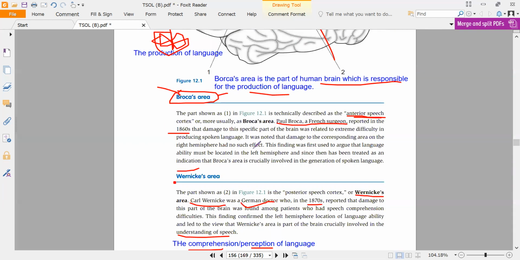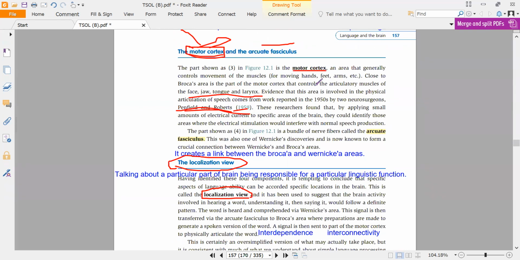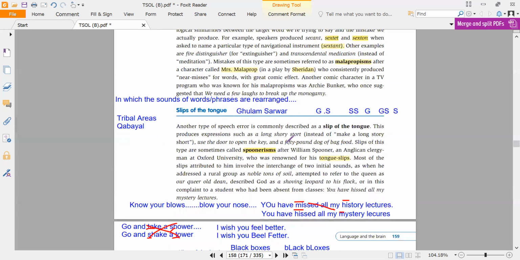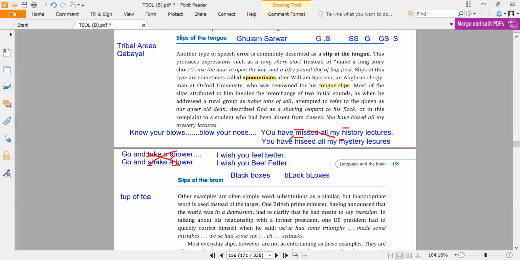So how many types do we have? The first one is spoonerism, where the initial consonant sounds of two or more words are exchanged, right? Then another type is that we may carry one sound from one word to another, just as in the case of "black boxes", instead of saying "black boxes", there is "blacks boxes".